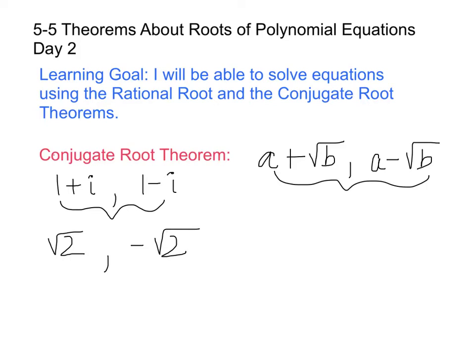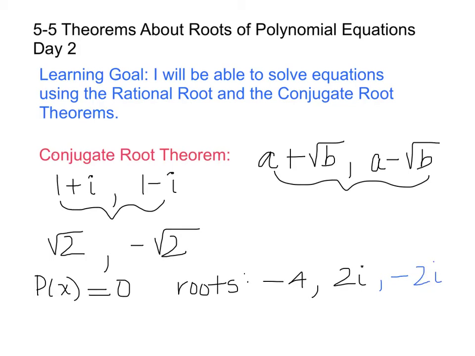And if you had to write the factors, so if you had a function and they're telling you that it equals 0, and they tell you that the roots are -4 and 2i, well, -2i is automatically one of the roots. So that means this degree has to be 3 instead of 2.